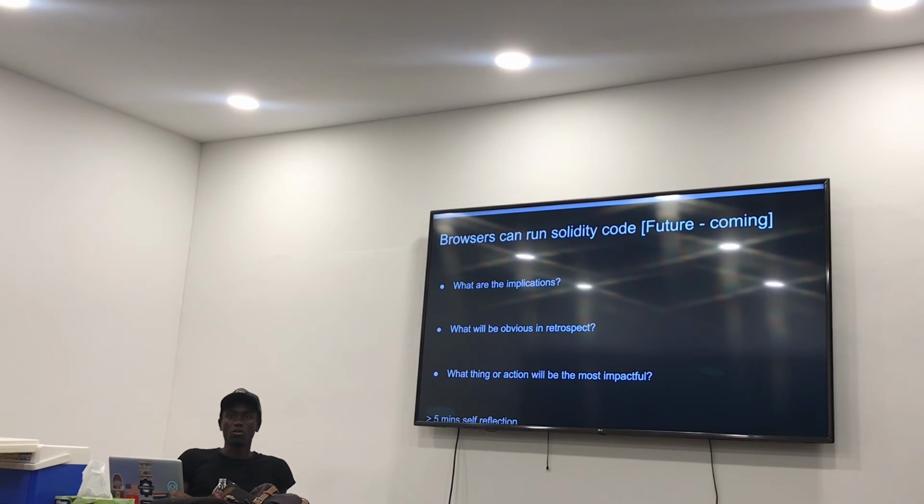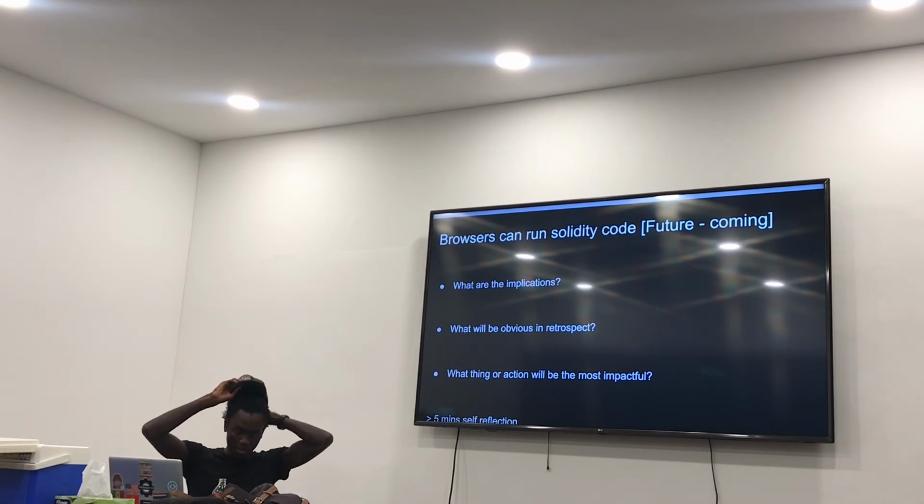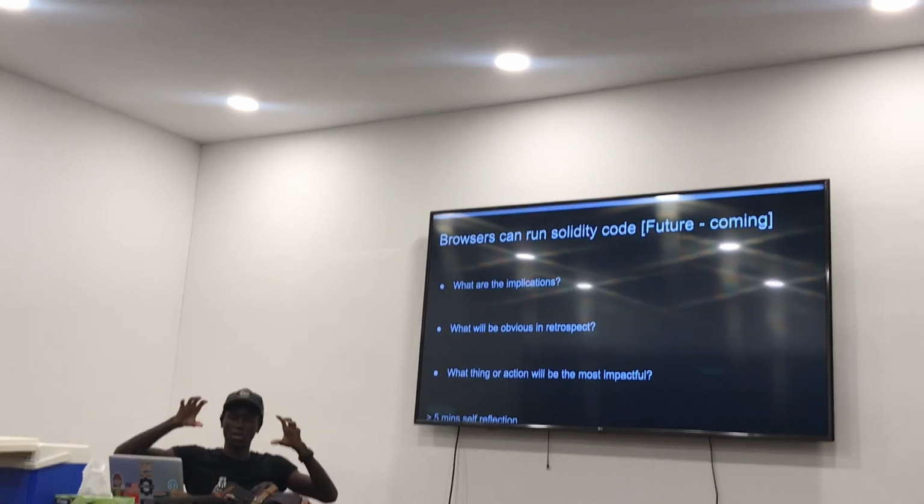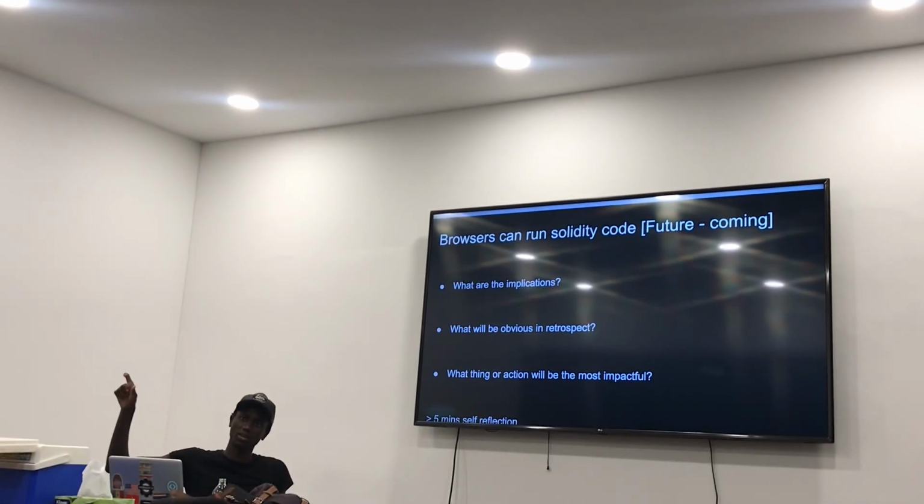Right now, your browser can't run Solidity code. They kind of guess the state, if you send a transaction, they guess what the state is going to be when that transaction is successful.